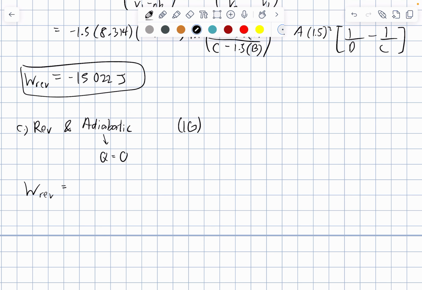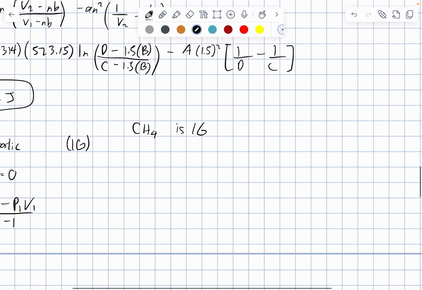The work reversible for adiabatic process is P2V2 minus P1V1 over gamma minus 1, such that gamma is the adiabatic index. How do we get that? In this condition, we are told that the gas is ideal, right? Methane, CH4, is ideal gas. So let's bring out Cp and Cv. For Cv, this is 3R. Cp is 4R.